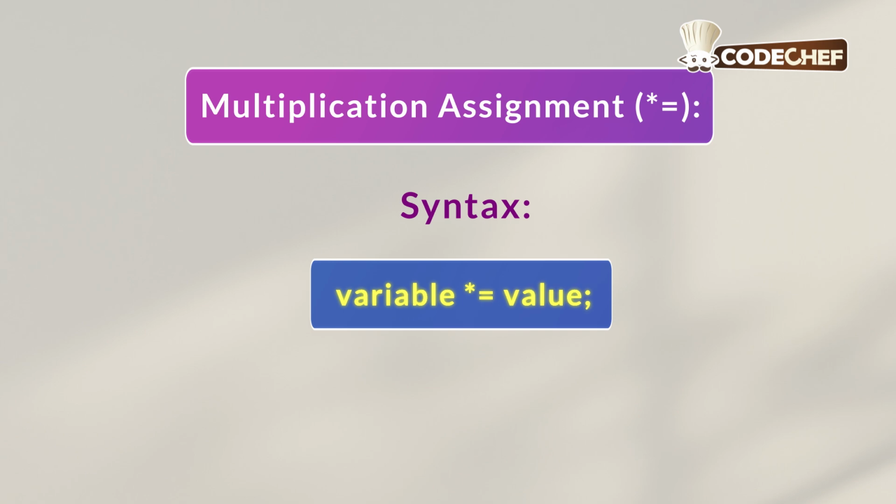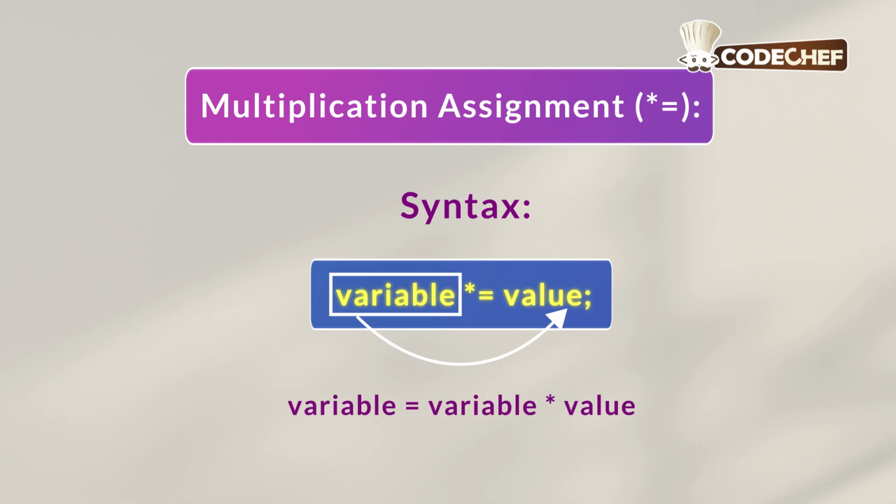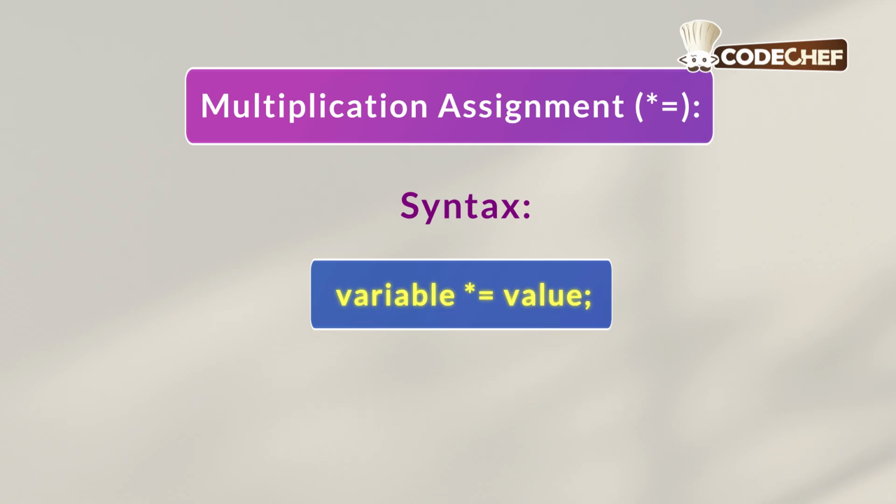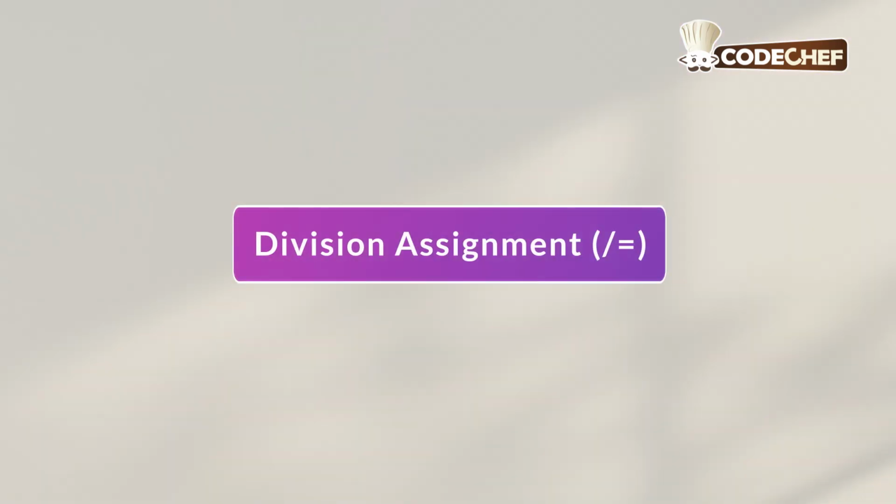So what will happen? Whatever is the existing value of the variable on the left hand side will be multiplied by the value given on the right hand side, and then the result of multiplication will be stored as the new value of the variable on the left hand side. Next is division assignment, which is denoted by slash equal to.